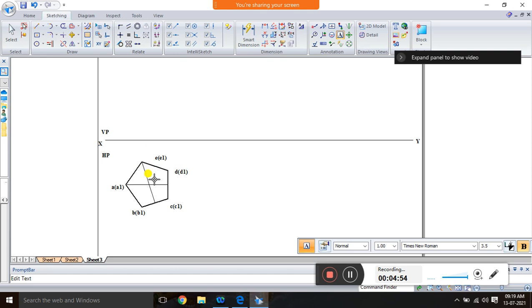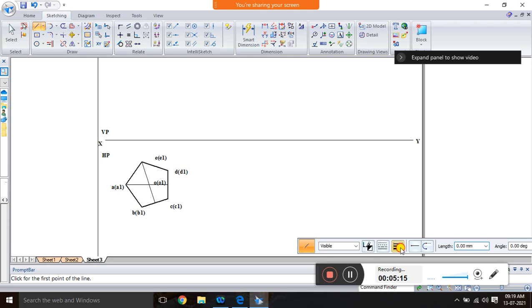Similarly, O visible, O1 not visible. So the bottom face is A1, B1, C1, D1, E1 and O1, and the top face is A, B, C, D, E and O. If you see from the top, the top face is clearly visible. That's why I wrote A, B, C, D, and I wrote the bottom face, which is not visible, in brackets.